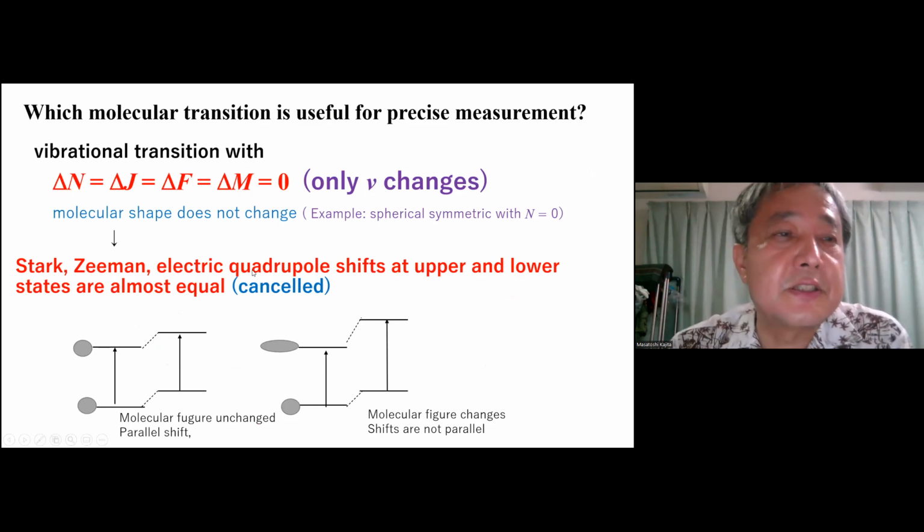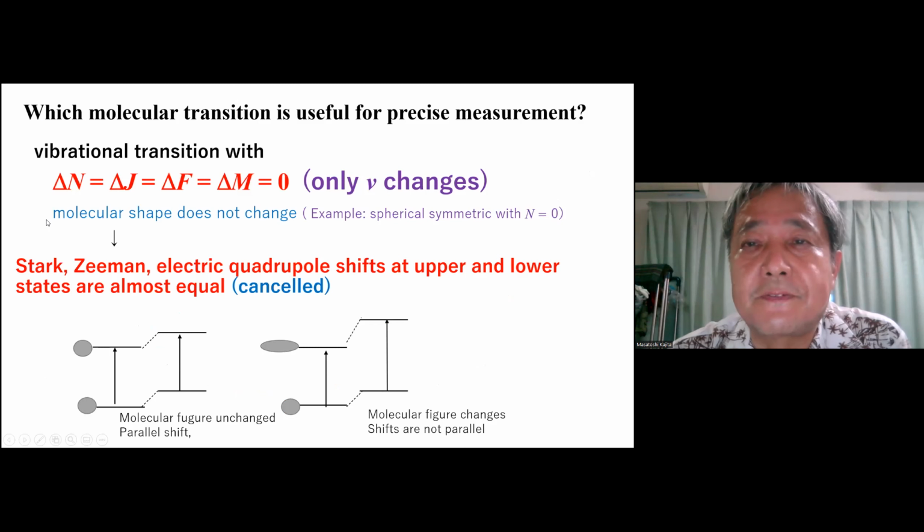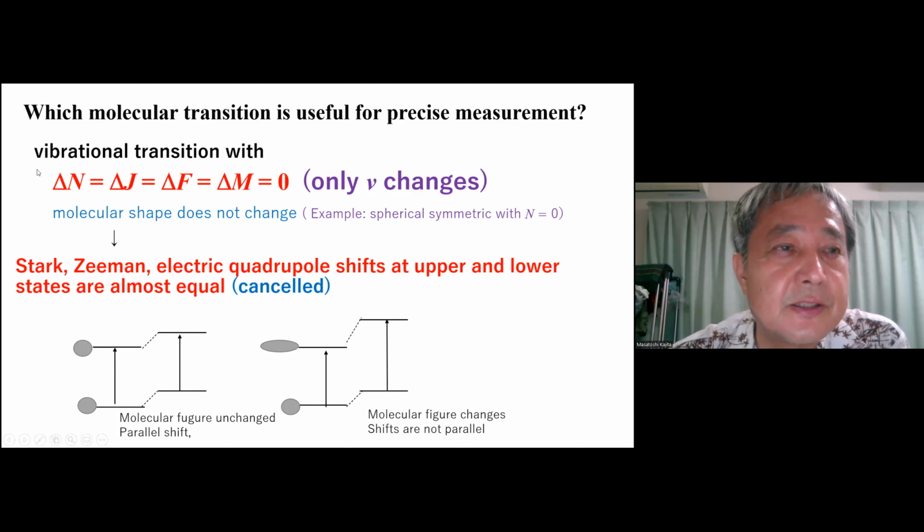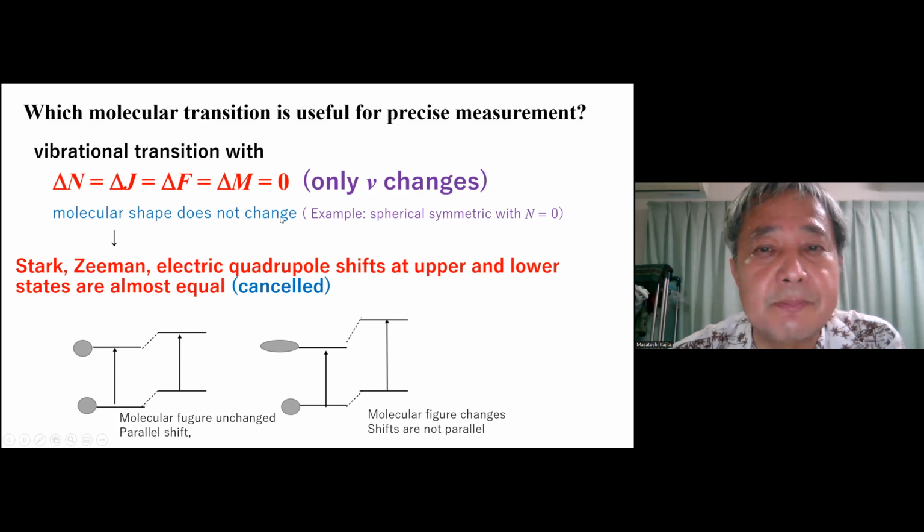So there is a question: which molecular transition is useful for precision measurement? I must argue that it is the vibrational transition without any change of angular momentum quantum numbers, because molecular shape depends on the angular momentum quantum numbers. Angular momentum determines the direction distribution of the wave function.